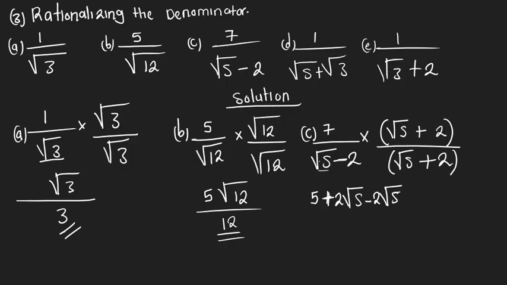I'm multiplying the base, the denominator, first of all. That's why it is important. The negative 2 multiplied by positive 2 gives me negative 4.